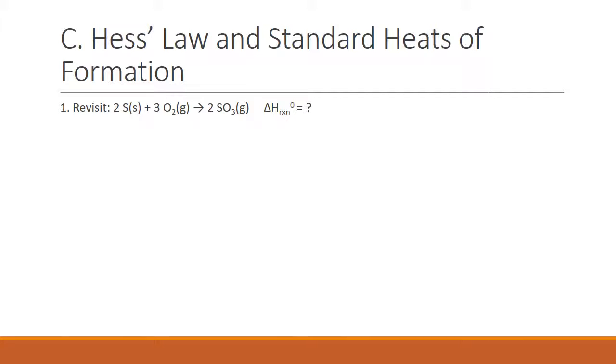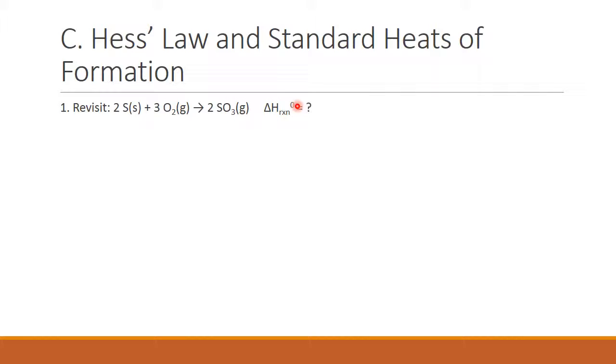So let's revisit this reaction here. This is the first one we looked at in the last video, where we said if we tried to do this experiment, actually do the reaction to measure its enthalpy change, it wouldn't do us a whole lot of good, because most of what we get actually is not SO3. And so we use Hess's Law to determine an enthalpy change, a heat of reaction.